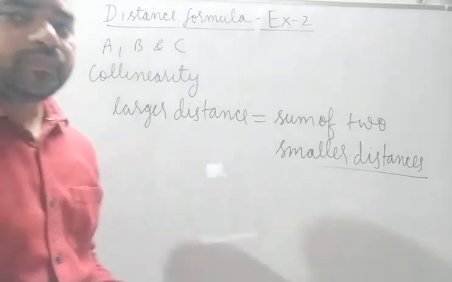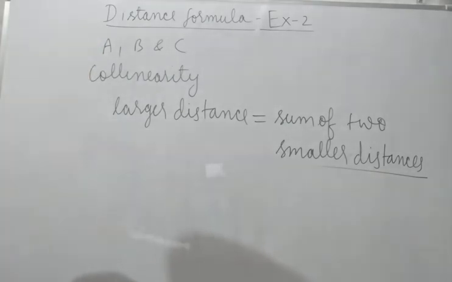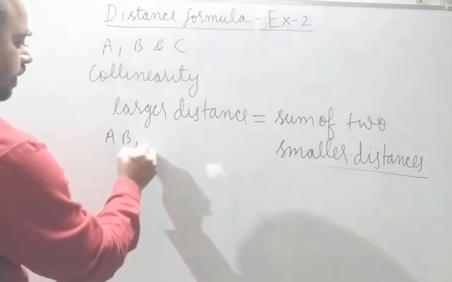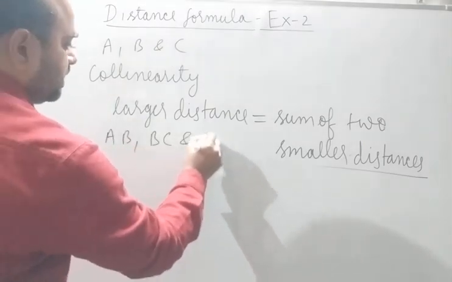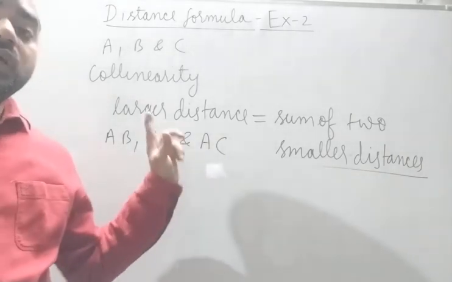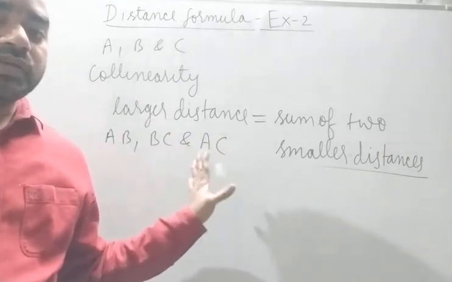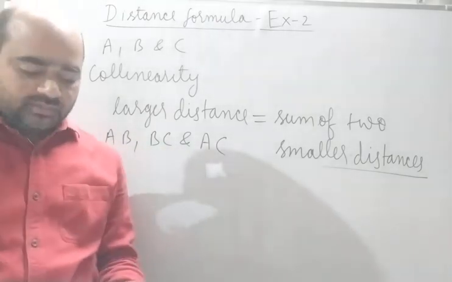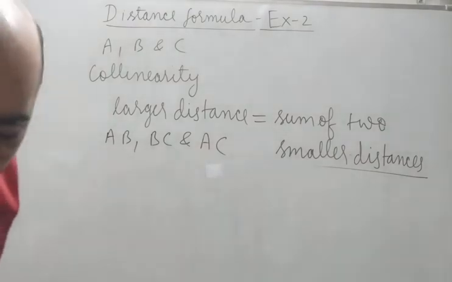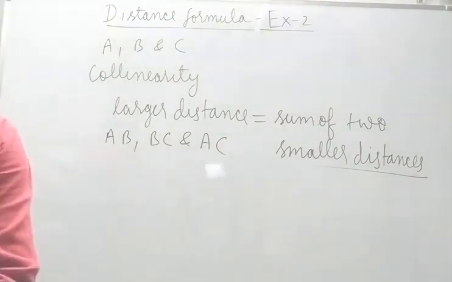This is the concept for collinearity of points. It means we will find 3 distances AB, BC and AC. So the sum of 2 must be equal to the longest one. That is the concept. So in 16b part, we have to prove that the points are collinear.